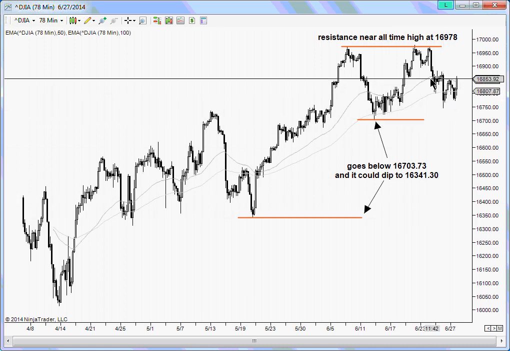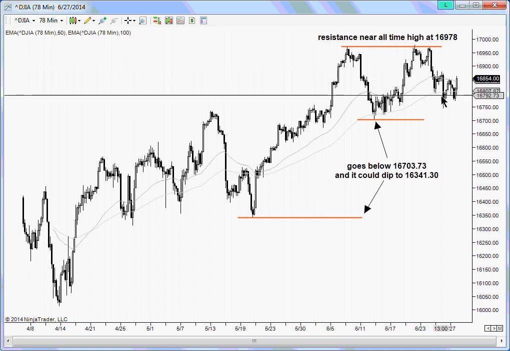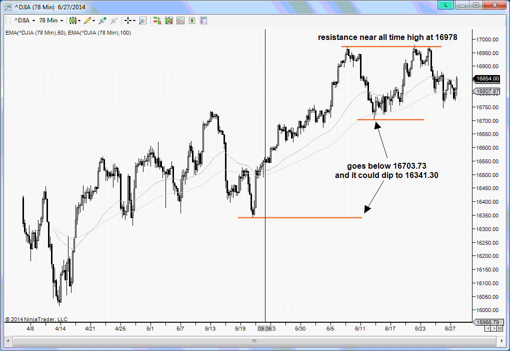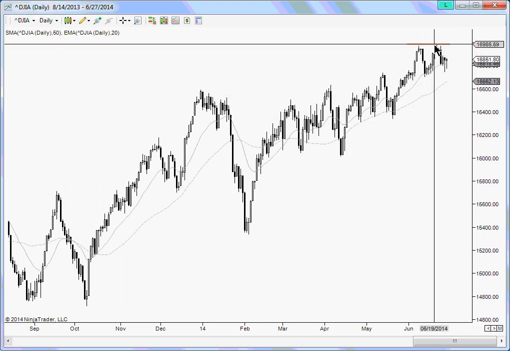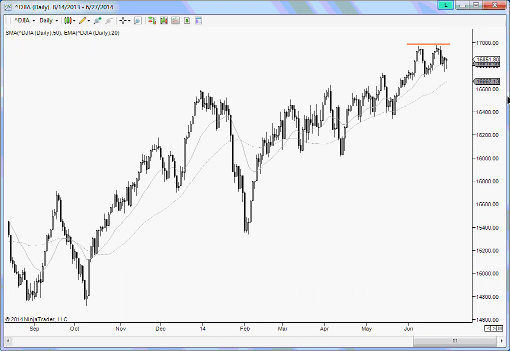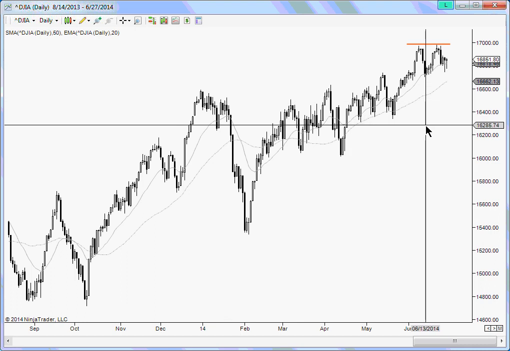But right now it appears the market still wants to trend higher. There are going to be a lot of people probably calling this a double top and all this kind of stuff. Well, the market has not topped yet, so you might want to trade this as a short-term price pattern. But when you talk about the market, you don't just talk about price pattern.